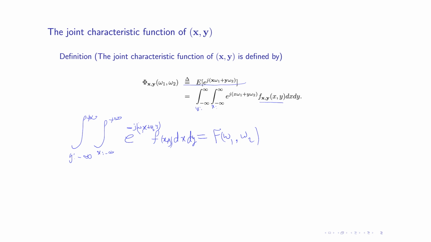So basically this is the Fourier transform. The only difference is that here you have a minus, and here you don't. So I could say that this is the 2D Fourier transform of the joint PDF f_XY of x and y, but after you take the Fourier transform, you have to replace omega 1 by minus omega 1 and omega 2 by minus omega 2. So basically it is the Fourier transform, but with some minor differences.